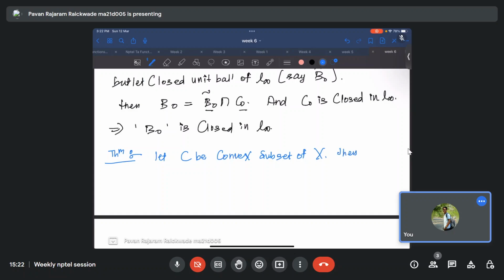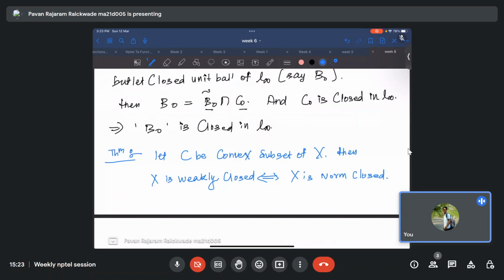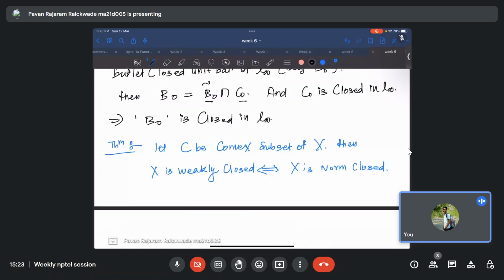Then C is weakly closed if and only if C is closed. This is a straightforward application of the Hahn-Banach separation theorem. You can try it. I also explained the proof of this theorem in the last session. So here it is straightaway clear that B naught is convex, and from the first part it is closed. Hence it implies that B naught is weakly closed.